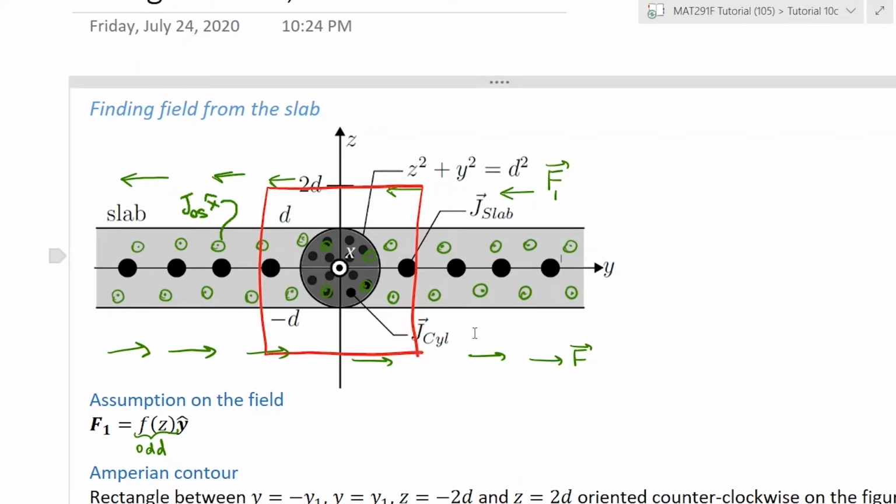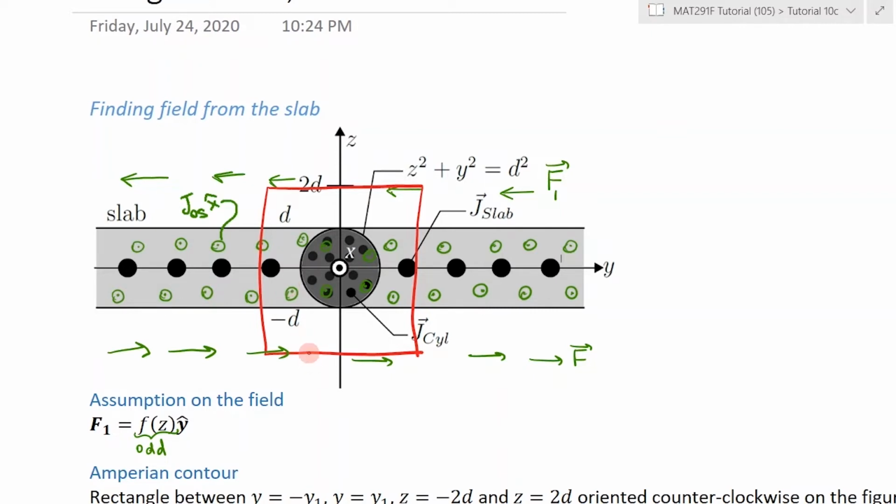And let's make the contour pass through the point where we were told the field, because in the end we want the expression for the field at this point. Let's orient the contour this way. This would be contour C, and we can also break it down into 4 portions.